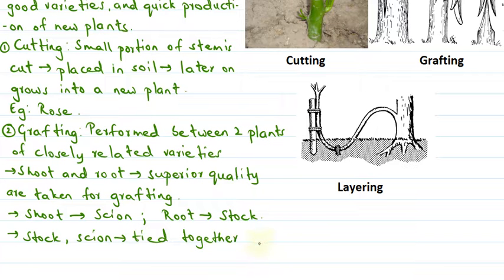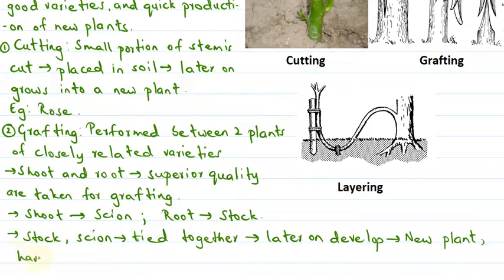Later on this develops into a new plant having the qualities of both the varieties, that is, having the qualities of both the shoot, that is scion, as well as the root, that is stalk.